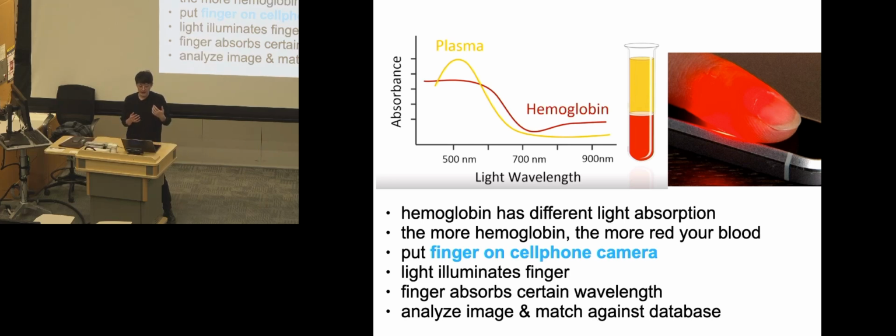The science behind it is essentially the phone will shine different wavelengths of light to your fingertip, and because the different parts of your blood, mainly the plasma and hemoglobin, have different absorption rates of the different wavelengths of light, the camera essentially measures the reflected light after the absorption, and then analyzes that and gives you an estimation of essentially how red your blood is on your fingertip.